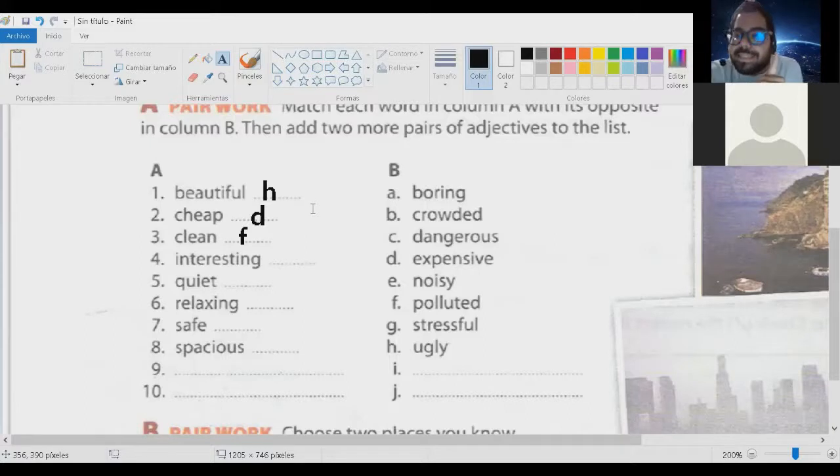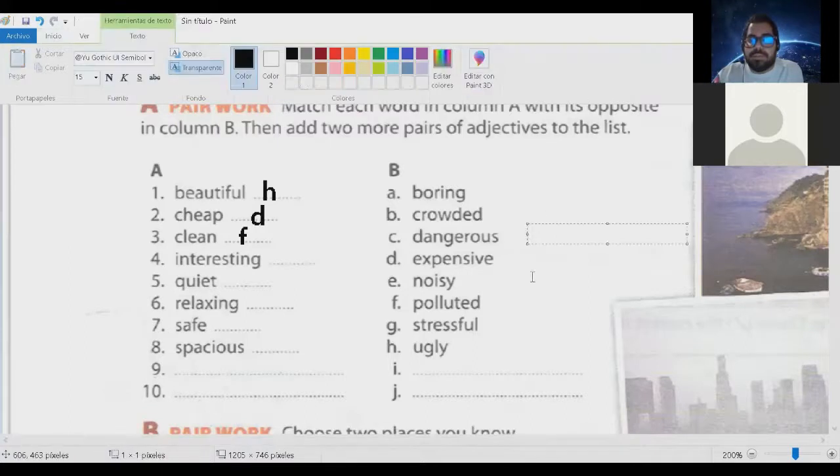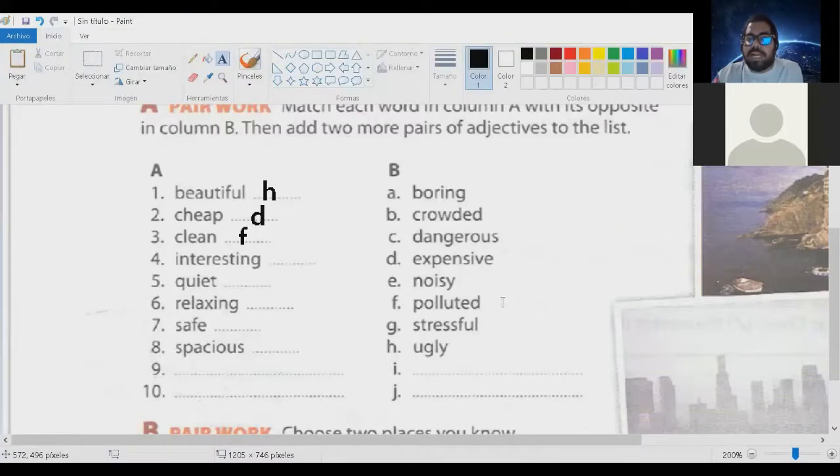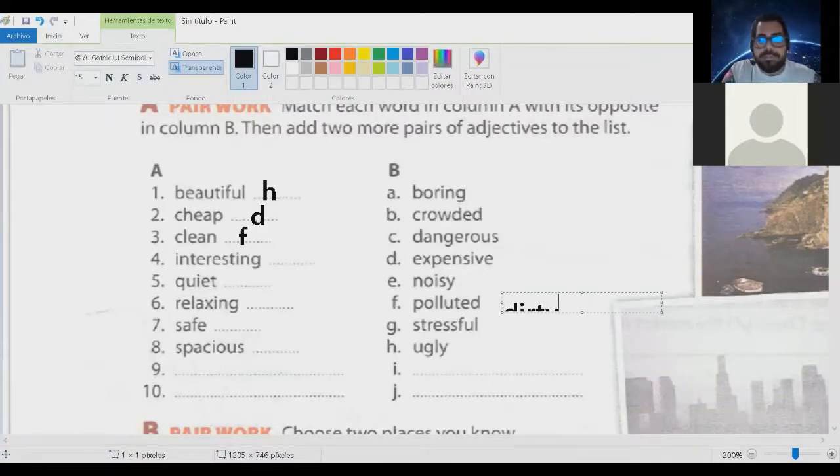But the opposite of clean, guys. Look at this. We have two options. There is another word, and let me write in here, dirty. Dirty. Okay, dirty is sucio, guys.